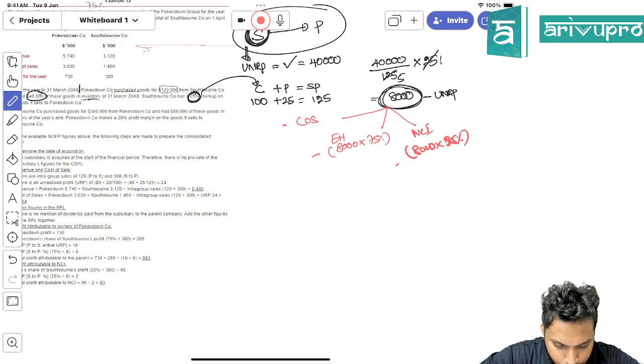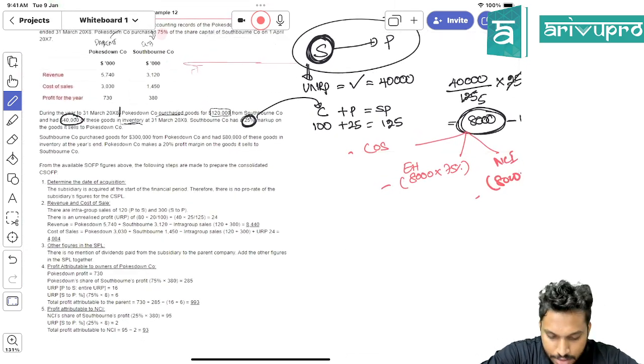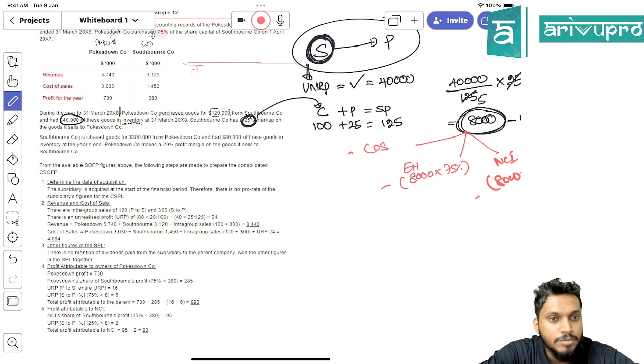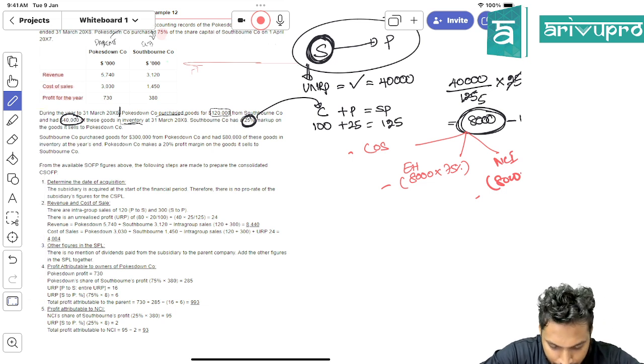So next, this 120,000 worth of goods, have they paid? They have not paid.